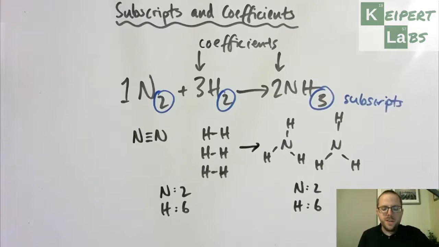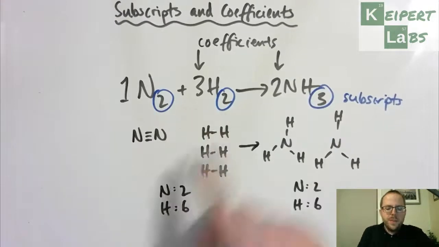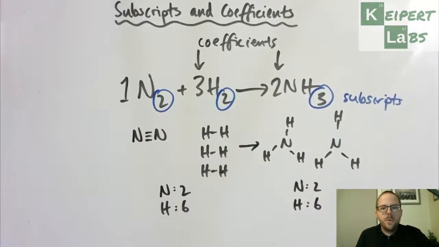So the coefficients, the numbers that come before these substances in an equation, help to express how many of that molecule or particle is present. You can see that each of these numbers, subscripts and coefficients, are vitally important but mean something different in chemistry, and we need to be very comfortable and familiar with what they show us and how we work with them to be able to identify how many particles are present.